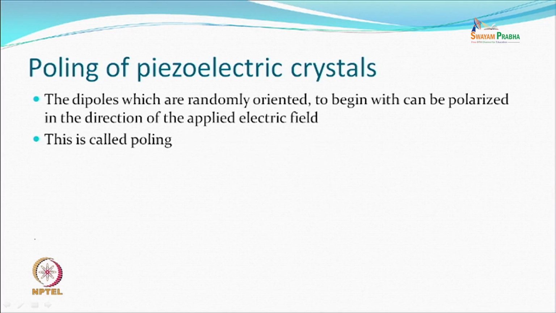There is a process which is called poling. That is, you orient the poles in the piezoelectric crystals. Like in magnets, where you align the north and south pole elements along a direction, similarly the dipoles, which are randomly oriented, can be polarized, and this process is called poling, so that they are pointing in one direction.